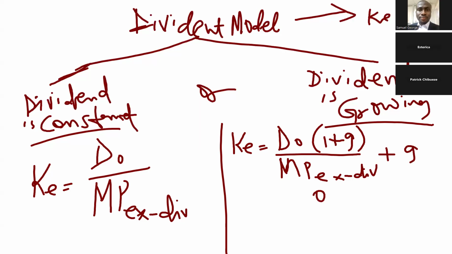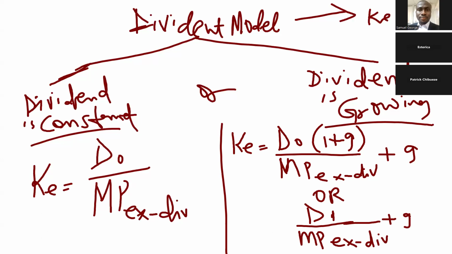Or it's like this: dividend of year one divided by market price ex-div plus growth rate.